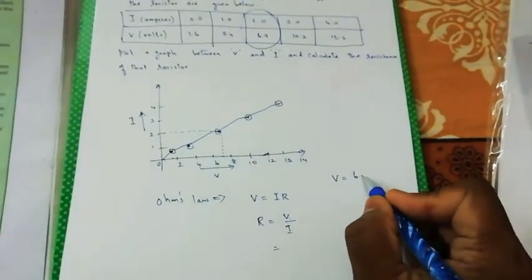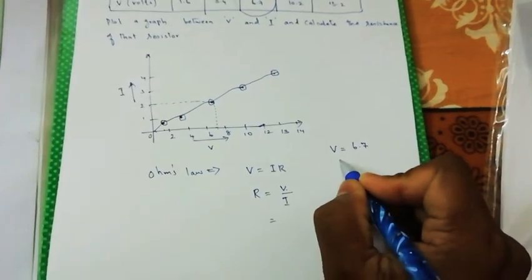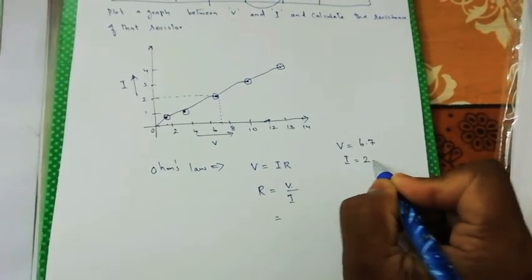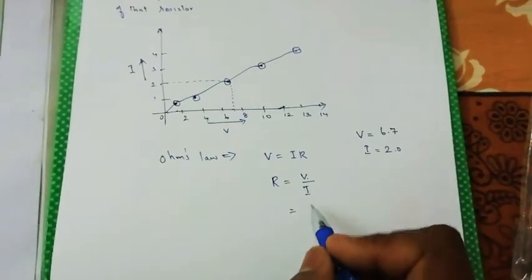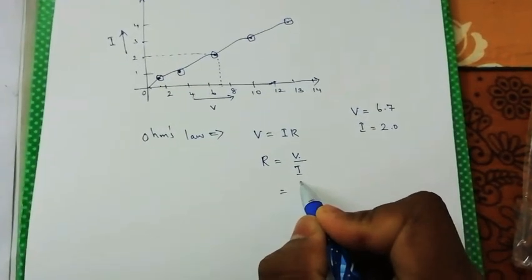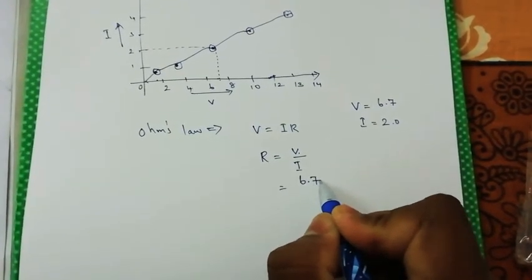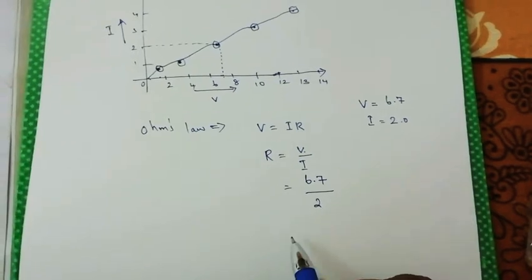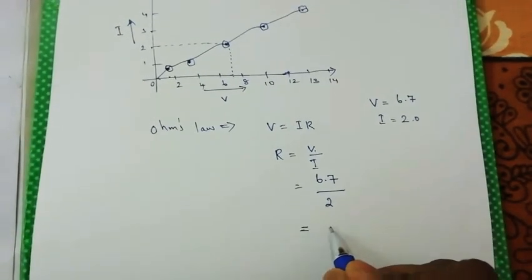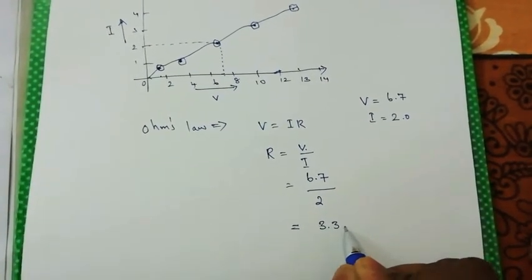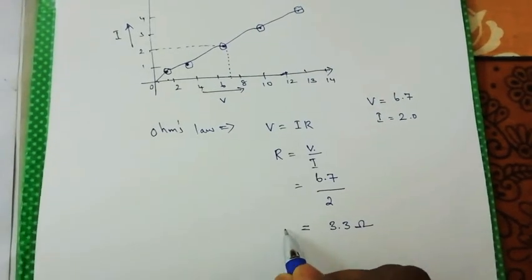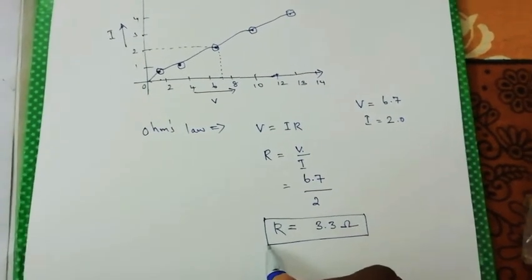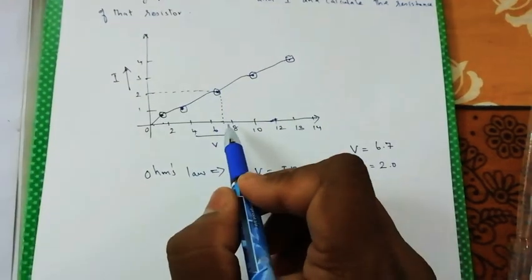It is 6.7. And what is I? It is 2. Clear? So put it all in this formula. It gets 6.7 divided by 2, 3.3 ohms. So this is the resistance of the resistor for this particular point.